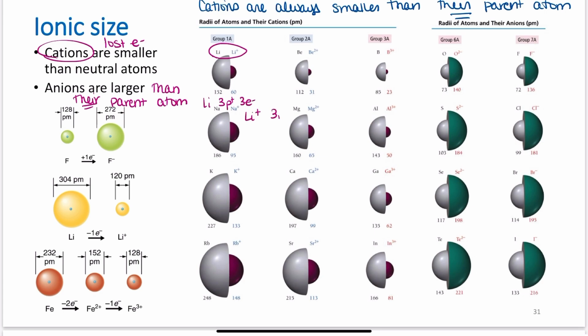Lithium plus has 3 protons, 2 electrons. So now, instead of it being a 1-to-1 pull, I now have one more proton pulling on fewer electrons. They're just going to pull it tighter. Now each electron feels more of an attractive force than they felt before, because they don't have to share with as many people. Anions, on the other hand, are formed by gaining electrons.